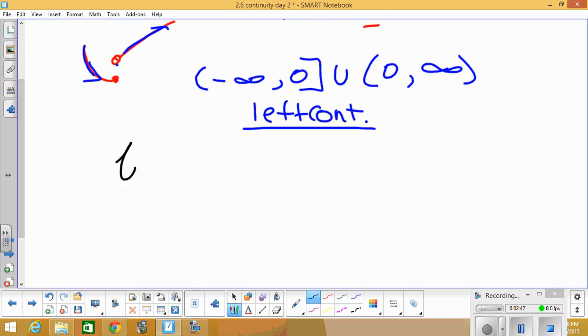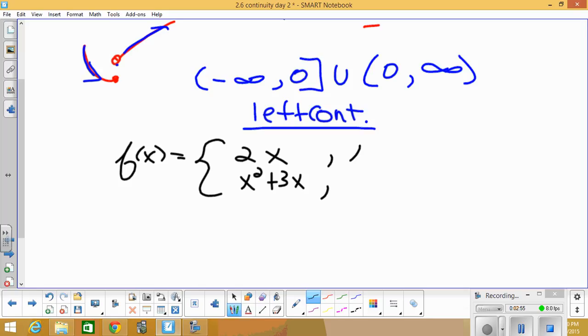So for example, given another piecewise function, from this one I don't even have to do a quick sketch. I'm really looking at these two key pieces of information.